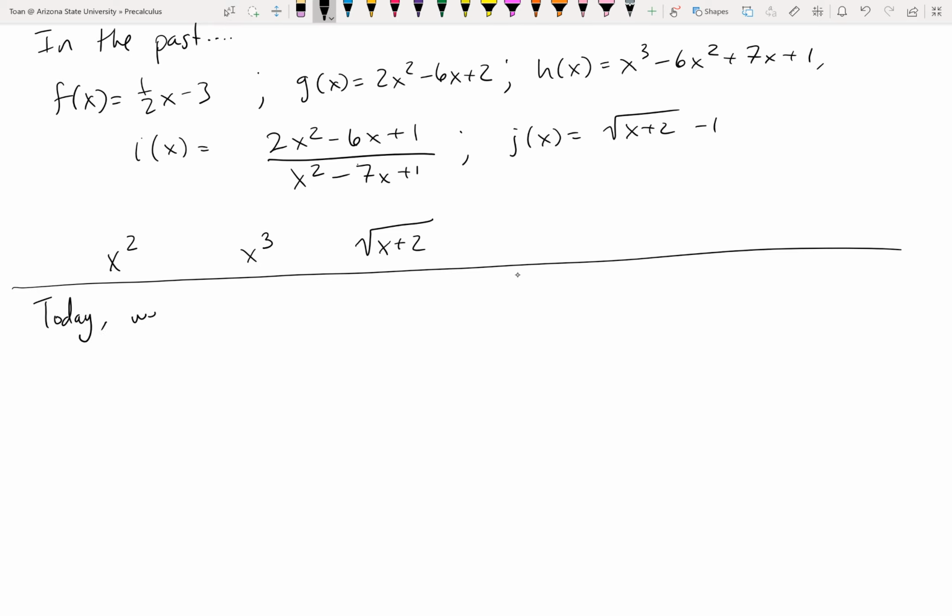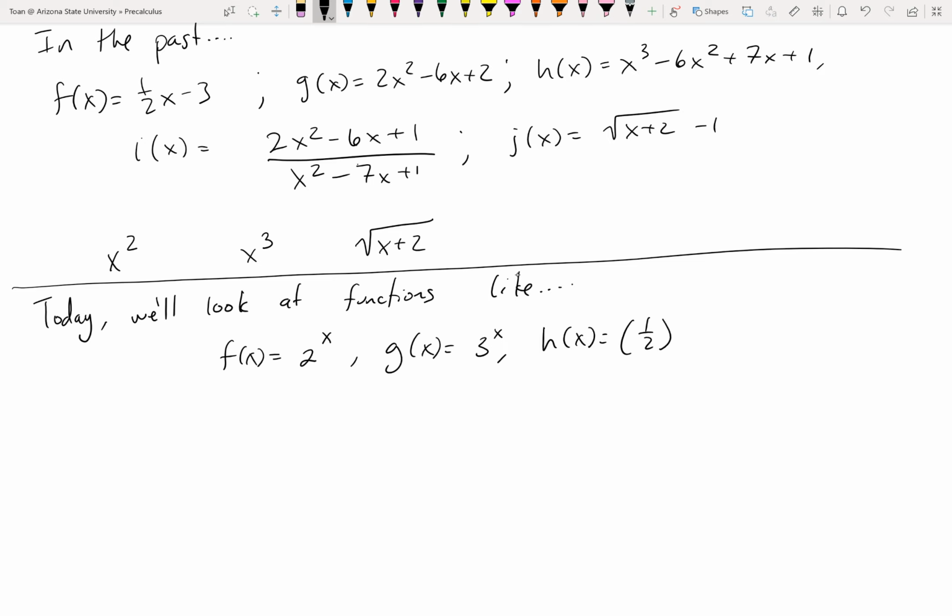Today, we'll look at functions like f of x equals 2 to the x, g of x equals 3 to the x, h of x equals 1 half to the x.